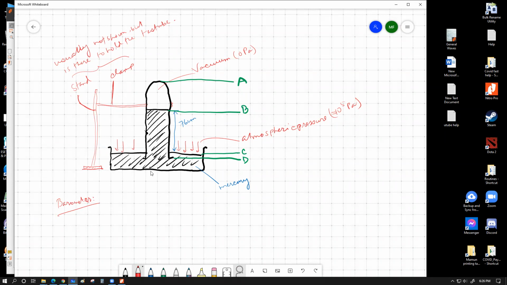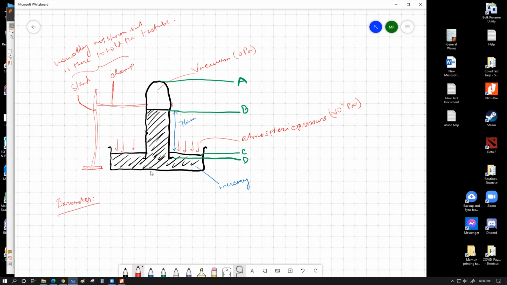Bracket: assuming the liquid used in the barometer is mercury. Full stop.